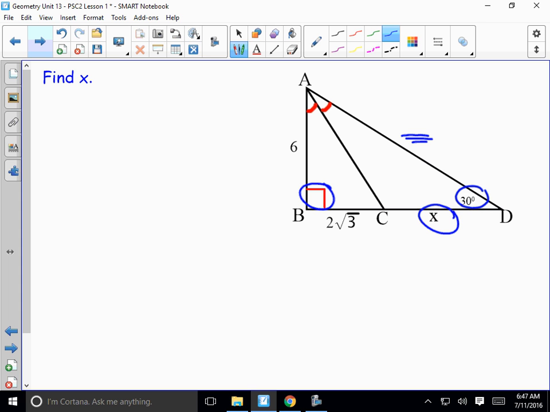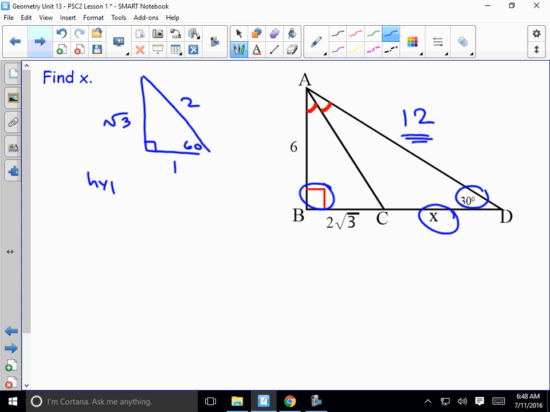It's the hypotenuse of a 30, 60, 90 triangle. So we have to remember our reference triangle, 1, square root of 3, 2 for your typical 30, 60, 90 triangle. So we know that the hypotenuse is twice the base length. So we can end up finding that value of 12 by using the ratios.